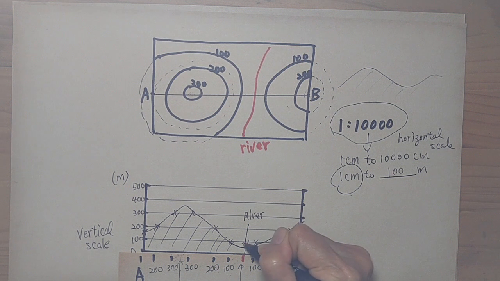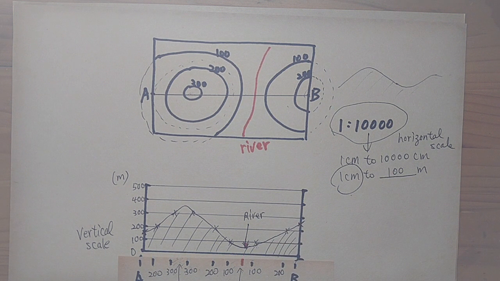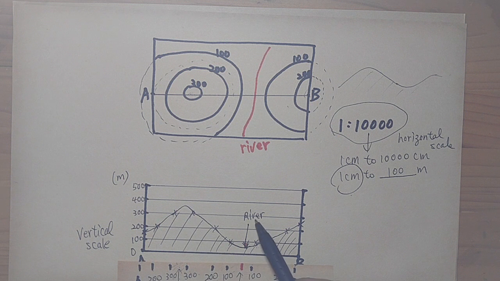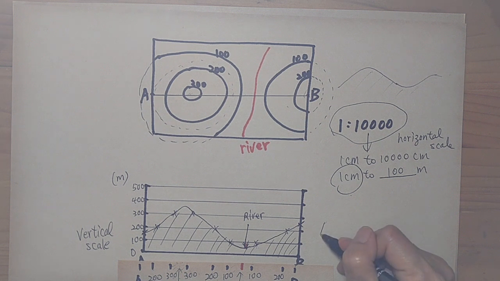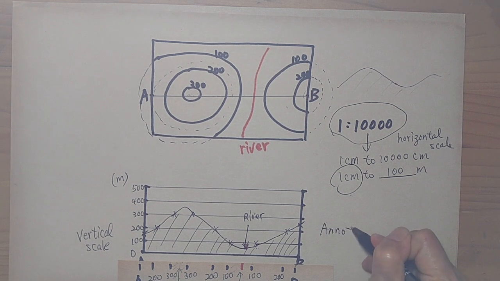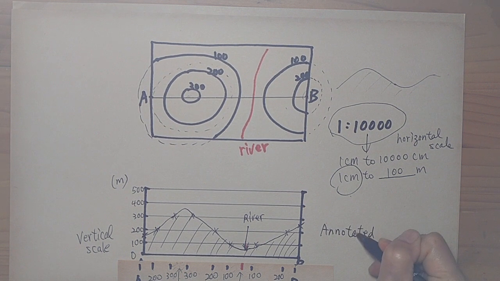So the river is here. And now whenever the map has this labeling of some feature, then this is called a name.